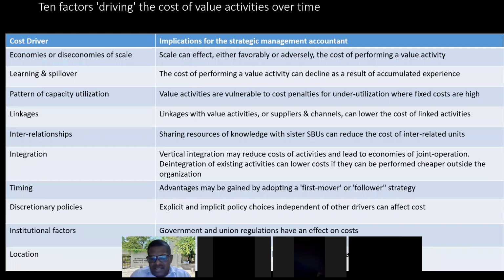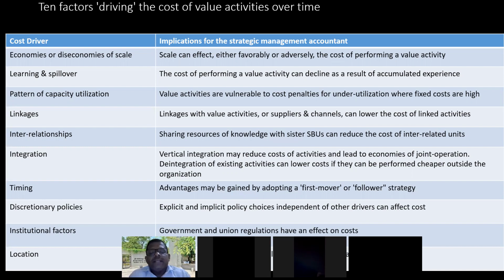That's called backward integration. On the other hand, forward integration means you distribute your product yourself. For example, if you look at Pizza Hut, they have their own way of distributing. They don't get the service from another distributor. That's called forward integration.